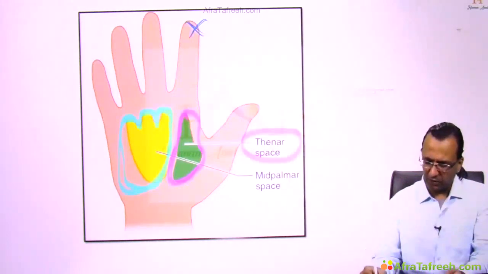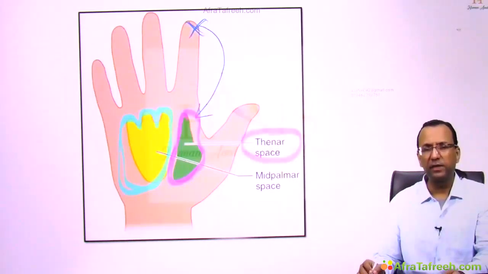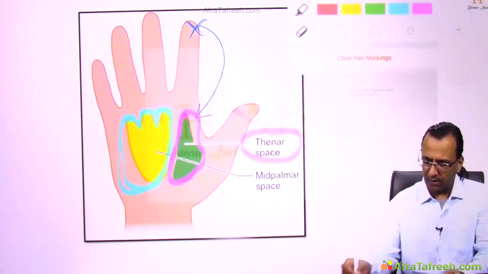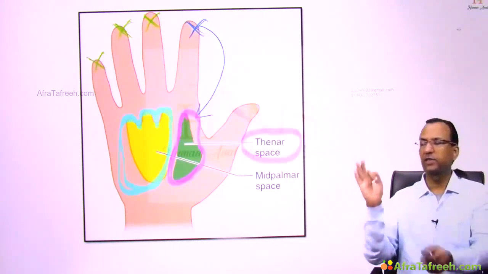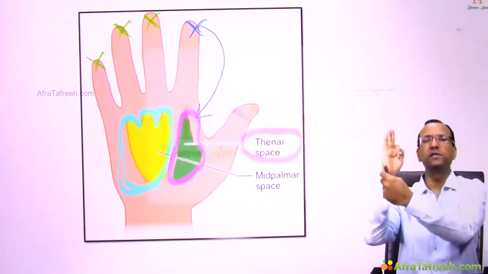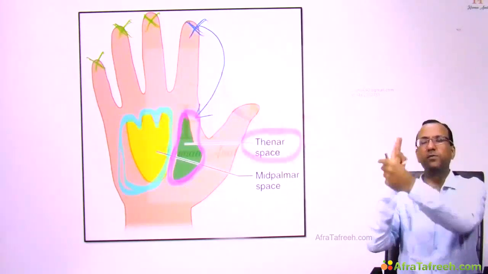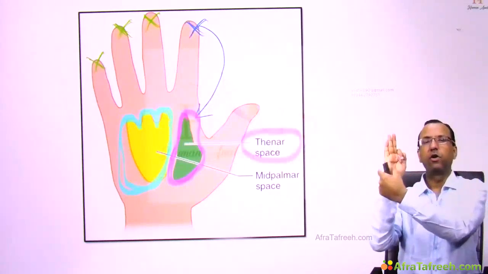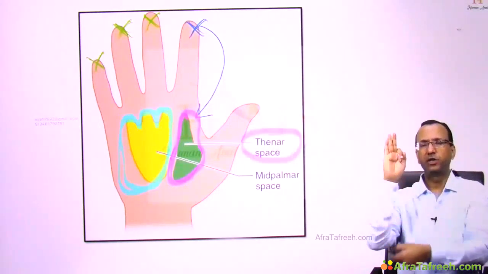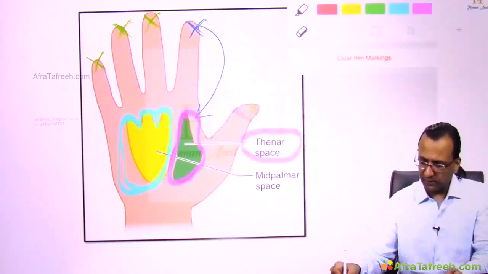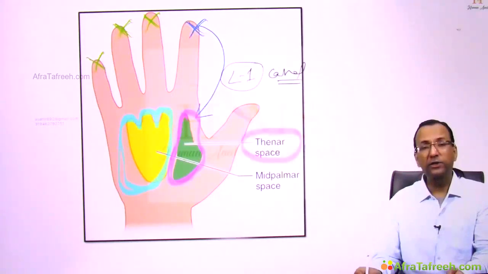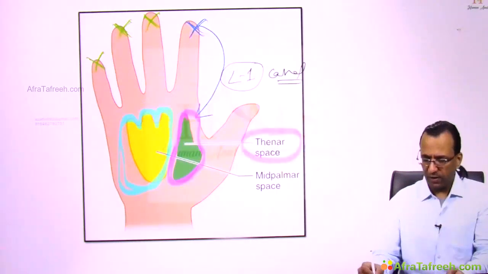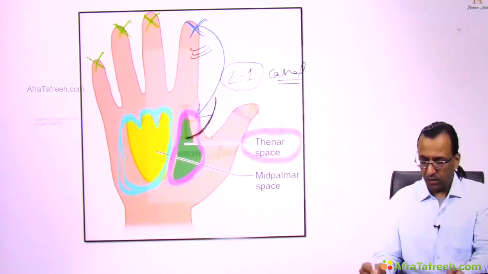So pulp infection goes into the thenar space from the index finger, yes, but if the other fingers are involved, like the middle finger, ring finger or the little finger, in these three fingers the pulp infection pus will move into the mid-palmar space. Remember, the lumbrical 1 canal, which is for the index finger, is communicating with the thenar space.